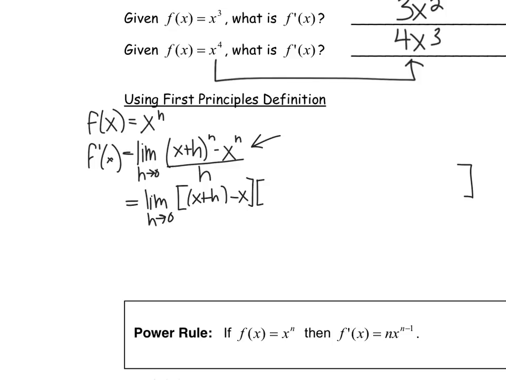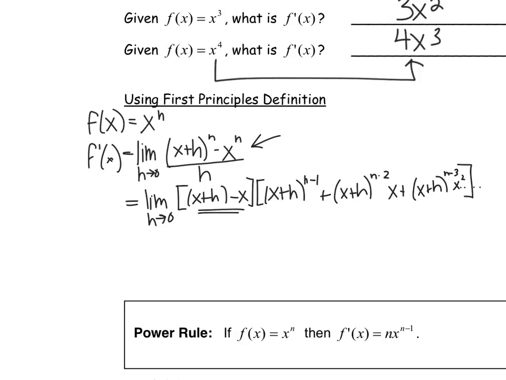For a difference of cubes, and allowing that exponent n to be any natural number, when we factor out this piece, we're left with x plus h to the n minus 1, plus x plus h to the n minus 2 times x, plus x plus h to the n minus 3 times x squared.